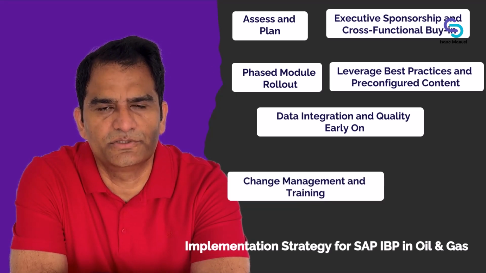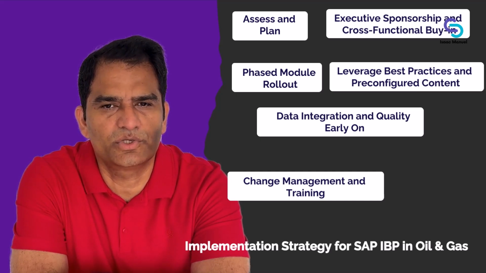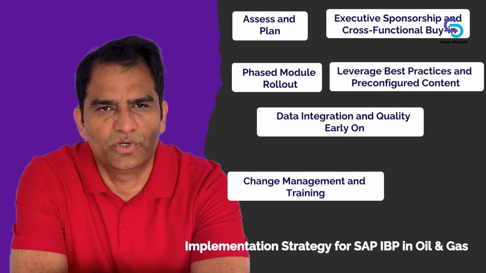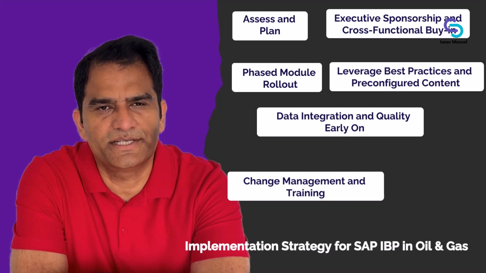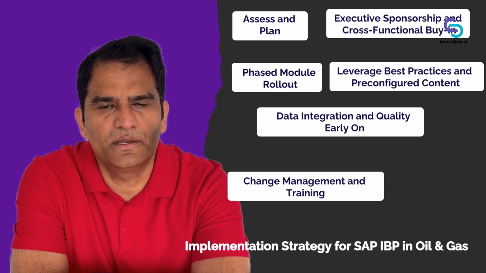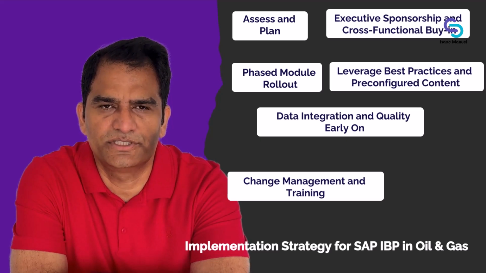Next comes change management and training. Given that IBP will transform how planners work, invest in comprehensive training and change management. This includes not only training on the IBP Excel add-in and web interface, but also education on the new S&OP process, roles, and responsibilities.